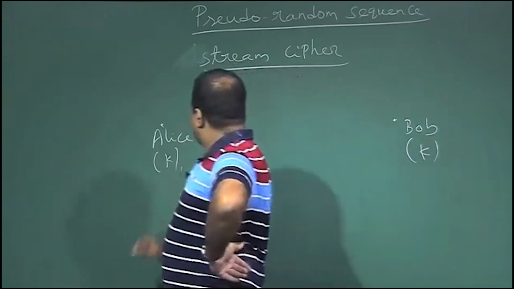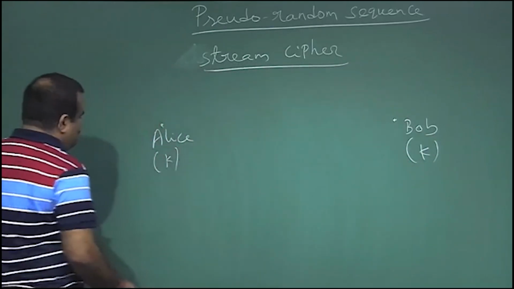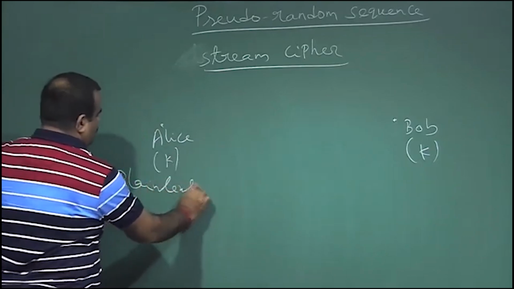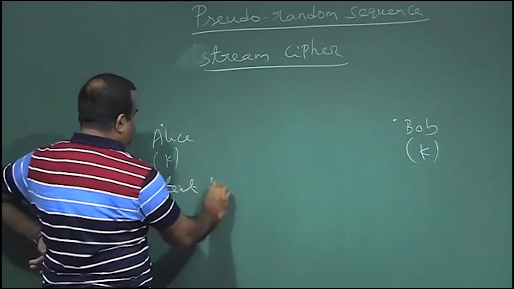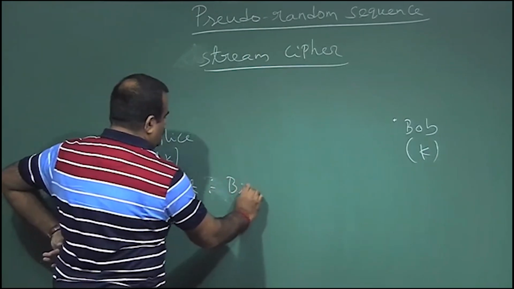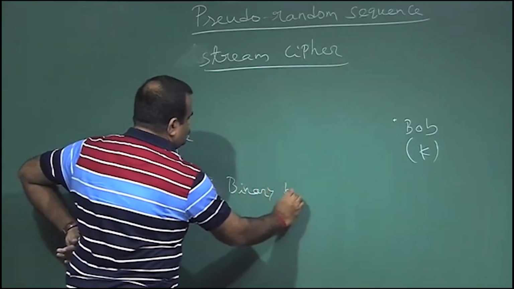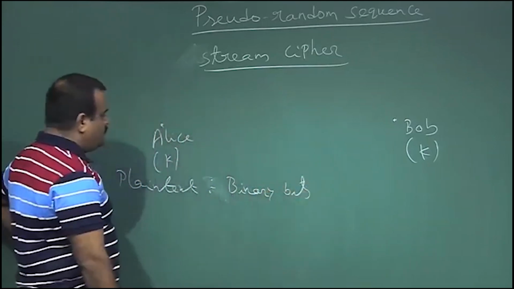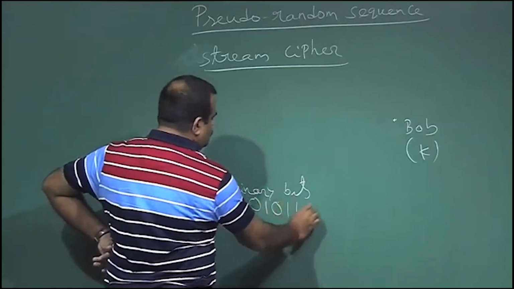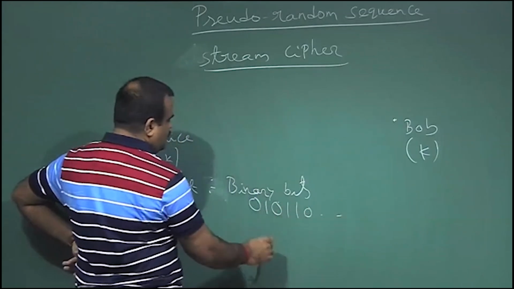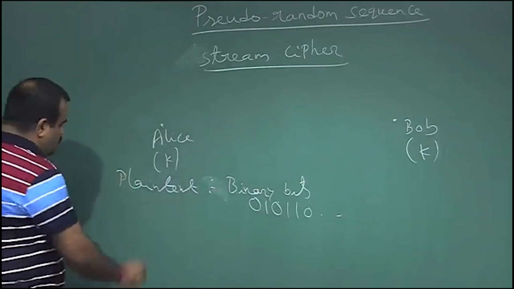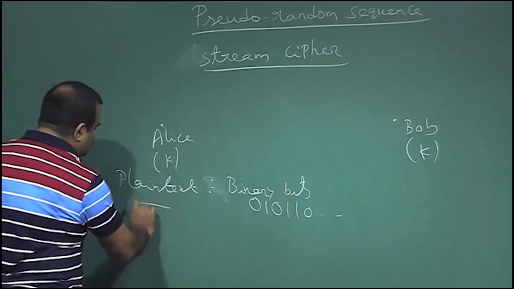In a stream cipher, suppose Alice's plain text is in binary form, 0 1 bits, say 0 1 0 1 1 0 like this. Now we have this key. So what will Alice do?